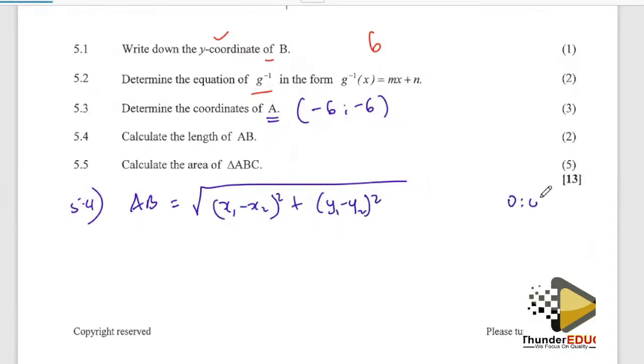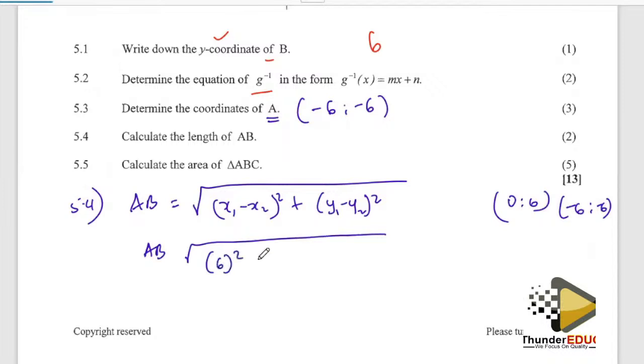I'm looking at 0, 6, and then negative 6 and negative 6. So my x values give 0 minus negative 6, which is 6 squared. Then 6 minus negative 6 gives 12 squared. So 144 plus 36, I'm getting square root of 180. Root 180 gives me 6 root 5. I would rather leave it like that, 6 root 5.